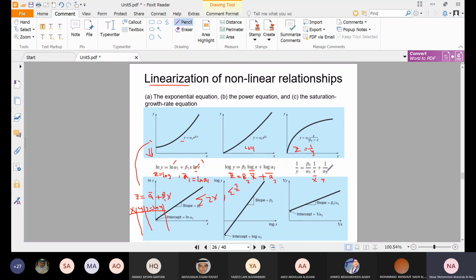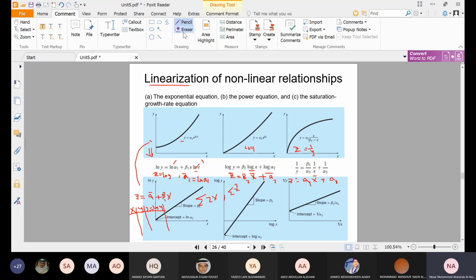And this plus this term, I can assume it a0, 1 over alpha 3. And this term beta over alpha 3, I can assume it a1. Okay, and then I have here z. So now I have a linear relation.